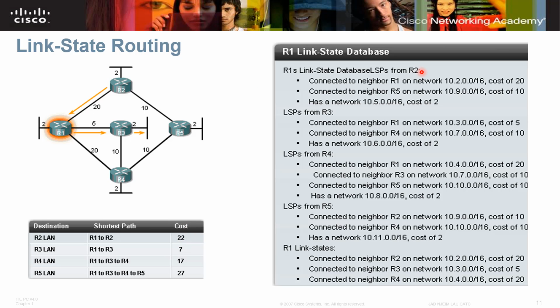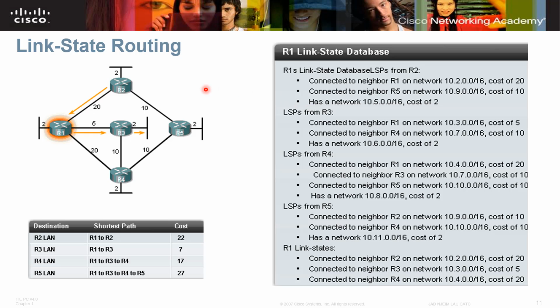R1 will receive from R2 all the routers connected to R2. R2 is connected to R1 and connected to R5 and has a host IP with cost of 2. This is the link state packet coming from R2, containing all information from R2.